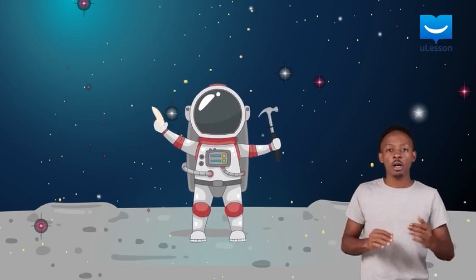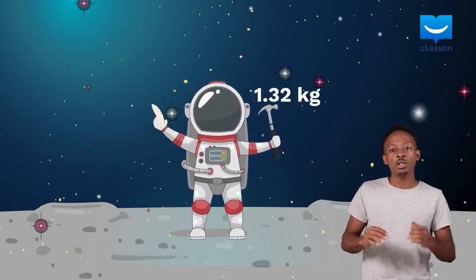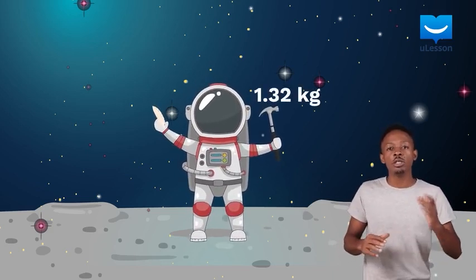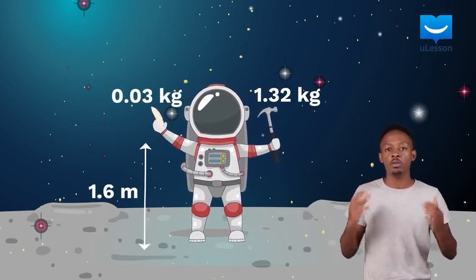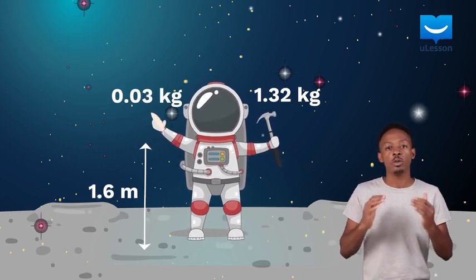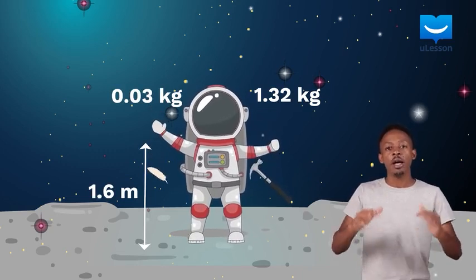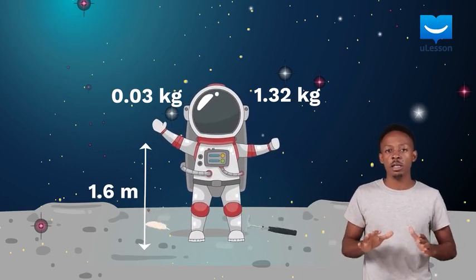He dropped a hammer weighing about 1.32 kilograms and a 0.03 kilogram feather from a height of approximately 1.6 meters. Both objects were observed to descend in step and hit the lunar surface at the same time.